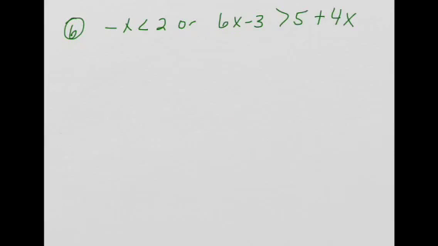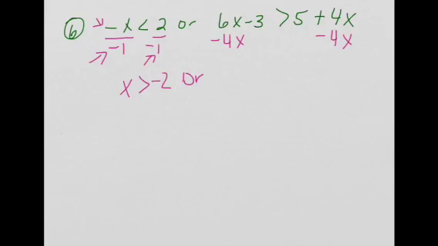Okay, here we're going to divide by -1, divide by -1. You're going to notice that we see the minus sign appearing here. So our inequality is going to flip. X is greater than -2, or now we need to get all of our x's on the left, so we're going to go ahead and zero pair out our 4x.